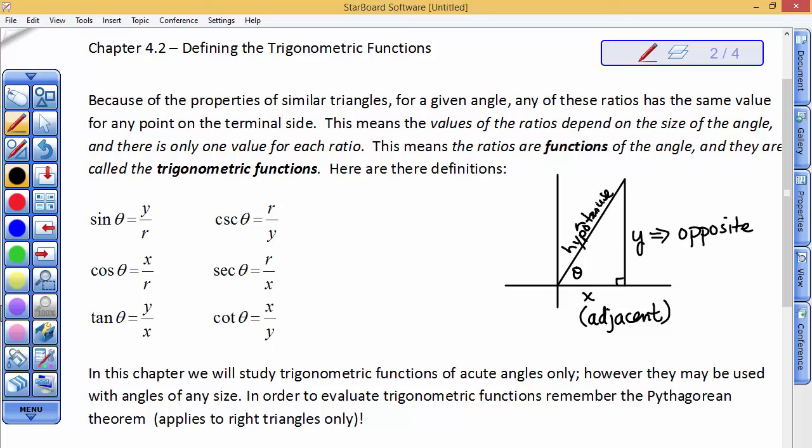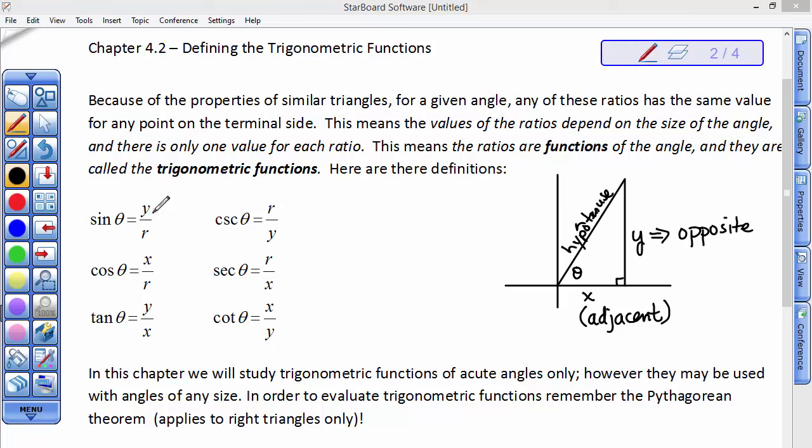It is always the hypotenuse because these trig functions are based on right triangles. So this always has a name, hypotenuse. The side that forms the angle that we're speaking about, this theta, is the adjacent side, and then this is the side opposite that angle. If we were talking about this angle up here, beta, then this side would be opposite, and this side would be adjacent. Don't want to go there yet.